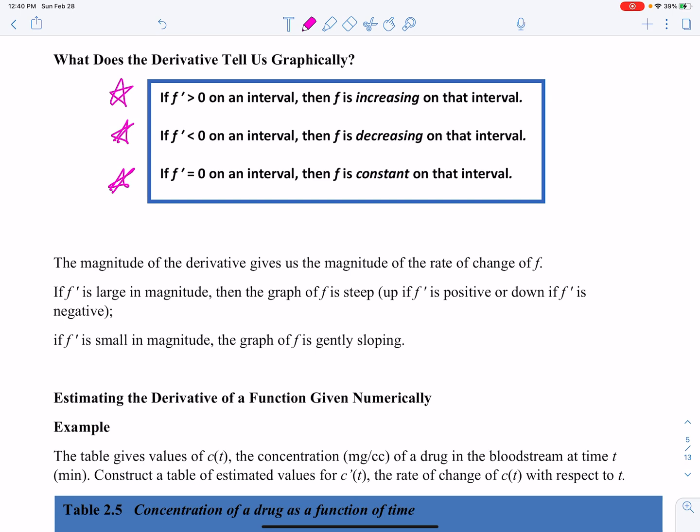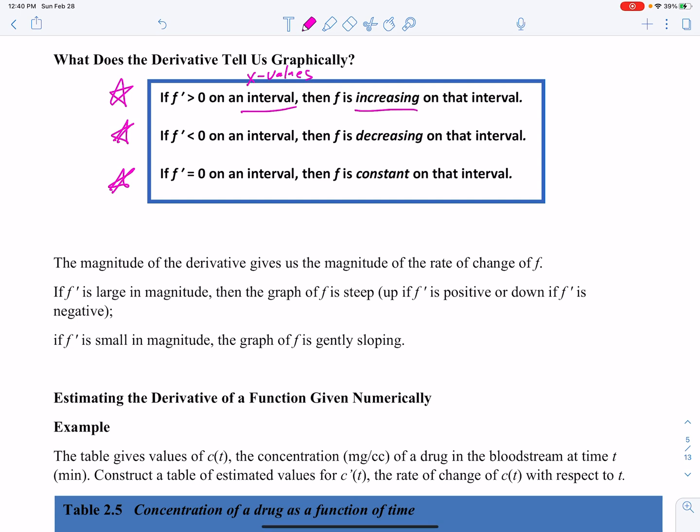If f prime, that's your derivative, is positive on an interval, now when they say on an interval, they're talking about an interval of x values. If the derivative is positive on an interval of x values, then the function is increasing.